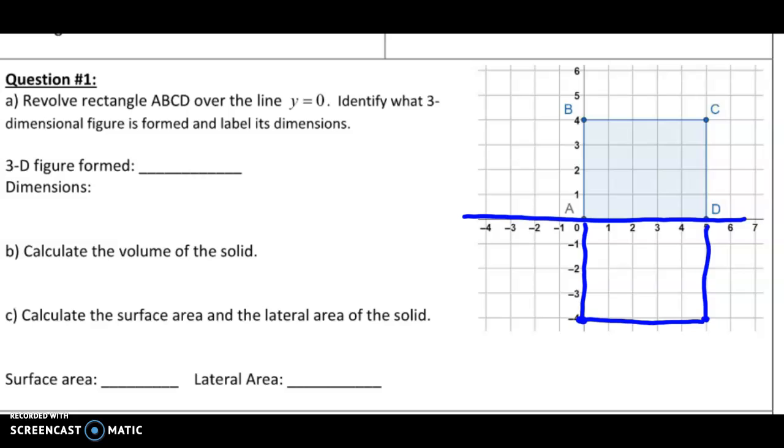All right, so now if you were to look at this head on after it's revolved, it looks like a big rectangle, but we need to make it look 3D.